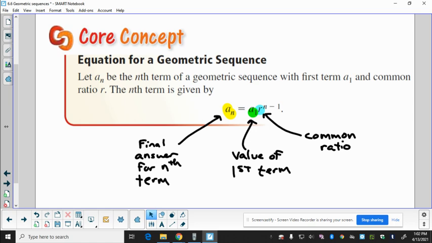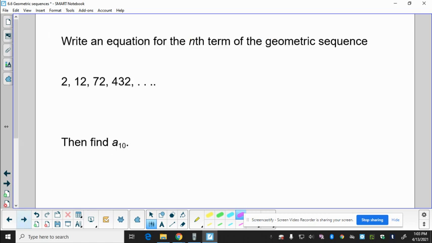And if it's a percentage, it needs to be written in decimal format. And then the n minus 1, that is an exponent, and that needs to stay there, okay? And whatever the nth term is that you're looking for, you will substitute it in place of n if you're calculating. So let's go ahead and get into a few of these.